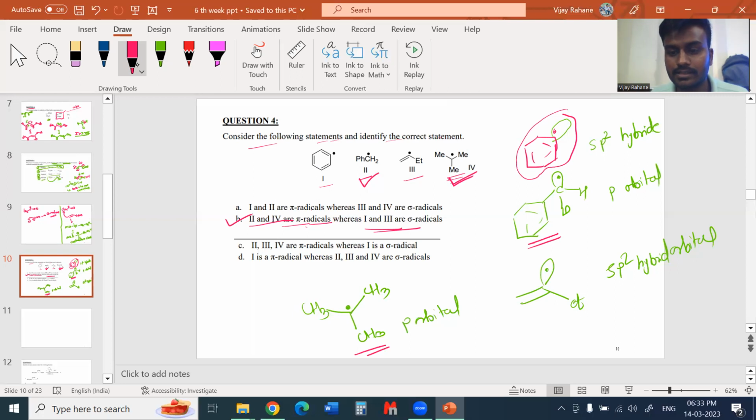Here also 1 and 3 are sigma. This one is the pi.